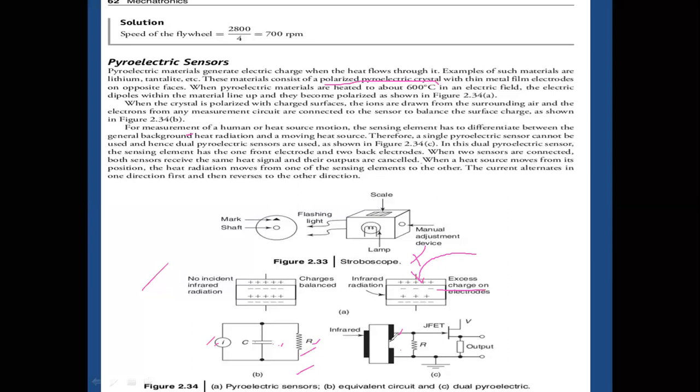Suppose one sensor is sensing the supply source, and this sensor is sensing the infrared, the motion of the source. By differentiating between these two, if we have the same signals, the same amount, the output will get cancelled.